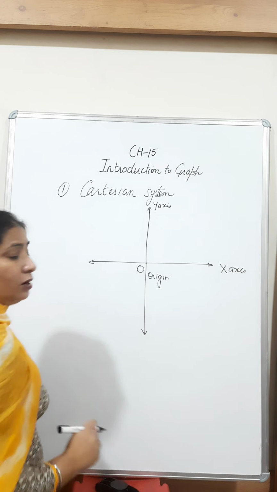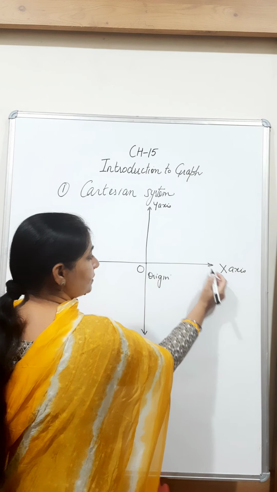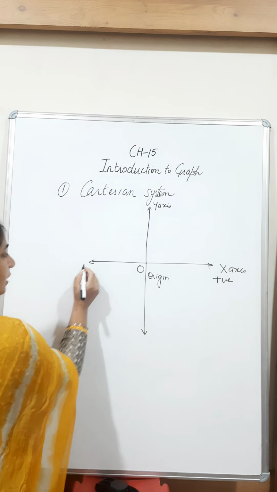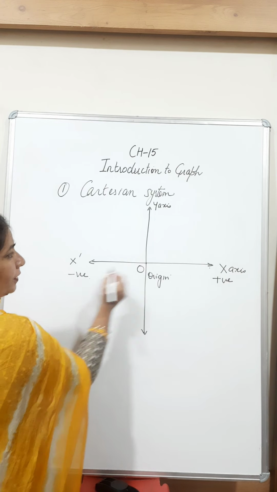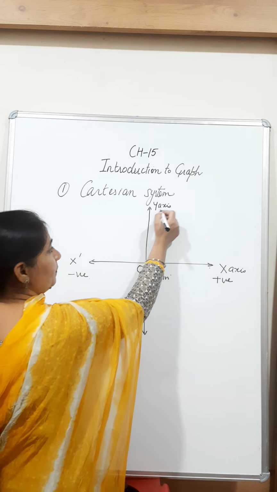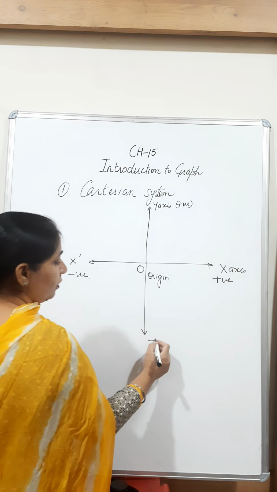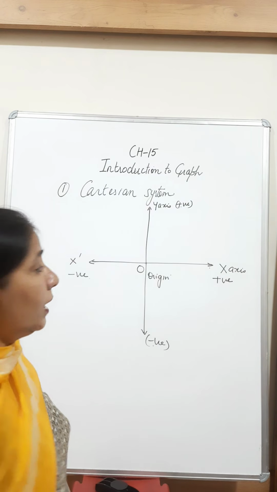On this side of the x-axis, you will mark the positive values of x, and on this side, which is x dash, you will mark the negative values of x. On this side, you will mark the positive values of y, and on this side, the negative values of y.